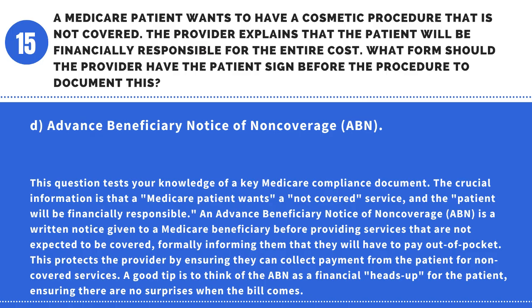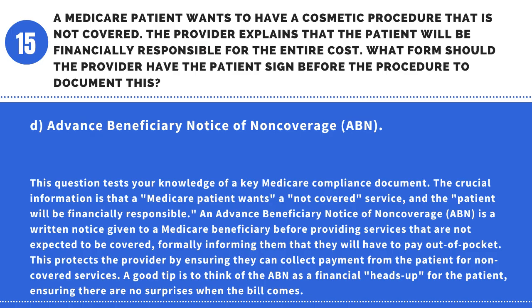Advance Beneficiary Notice of Non-Coverage, ABN. This question tests your knowledge of a key Medicare compliance document. The crucial information is that a Medicare patient wants a not-covered service, and the patient will be financially responsible.